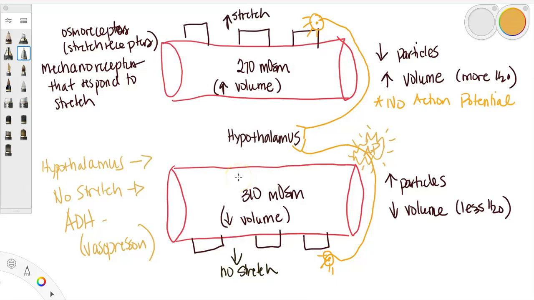Okay, so the hypothalamus again is going to tell the posterior pituitary to secrete ADH, also called vasopressin, and that's going to target the kidney. All right, so let's talk about what happens when ADH targets the kidney.